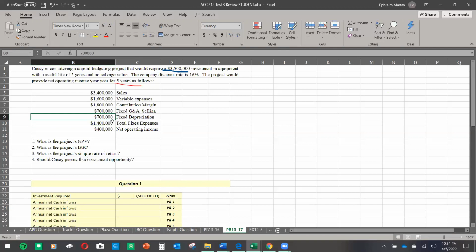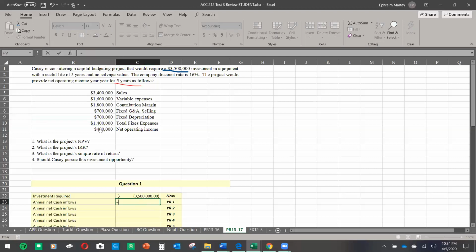If you do a cash flow statement, you will always add back depreciation. If you have studied that, that's in chapter 14 of this book. You will always add back the depreciation cost. So look for your net operating income, and I will add back my depreciation. That will give me my net cash inflow.